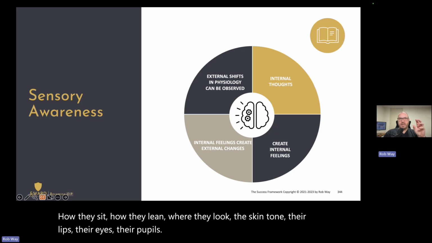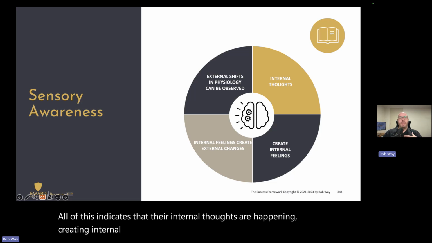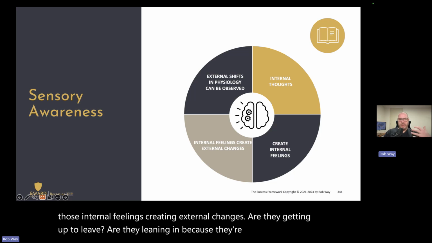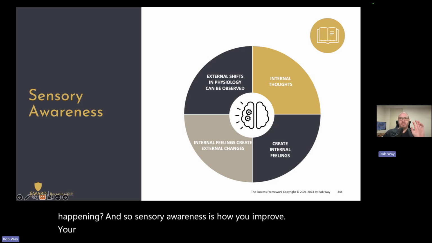All of this indicates that their internal thoughts are happening, creating internal feelings, and the relationship between that and those internal feelings creating external changes. Are they getting up to leave? Are they leaning in because they're curious? What's happening? And so sensory awareness is how you improve your ability to observe and get more data.